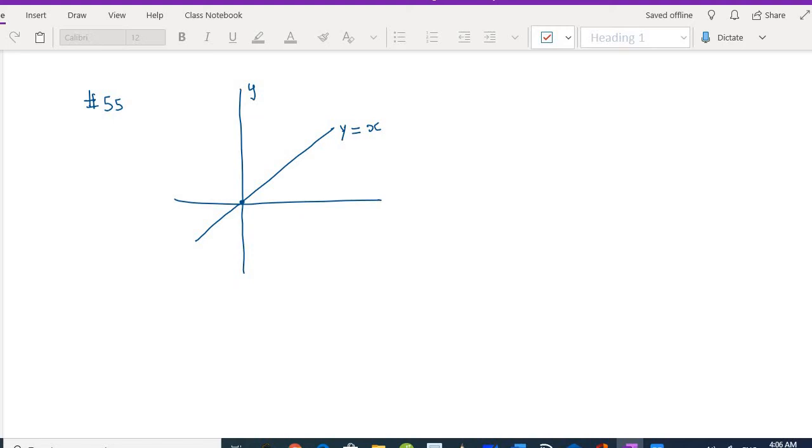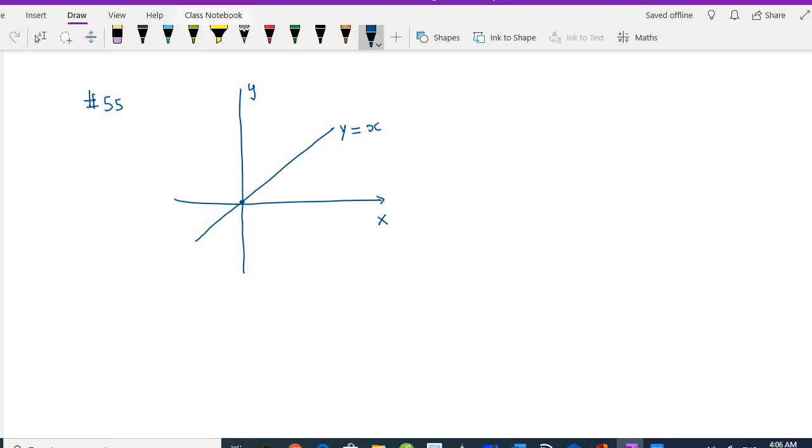So the question tells us, what is the image of the line y equal to x when it is rotated anti-clockwise about O through an angle of 90 degrees. Okay, so in this question we need to identify a couple things. So we'll take a red marker.